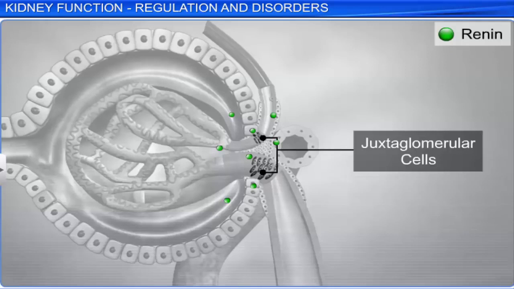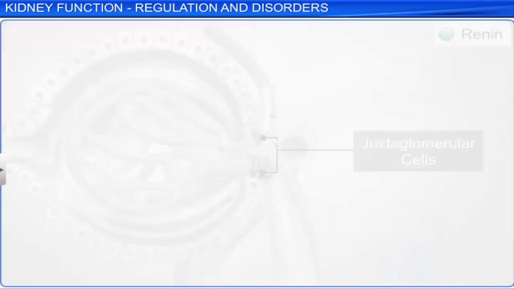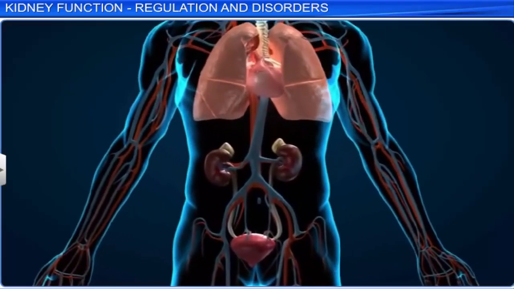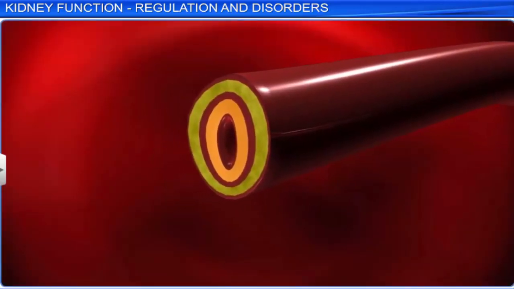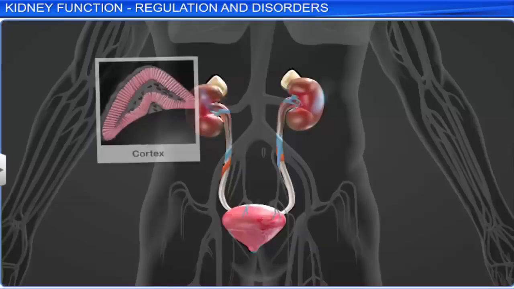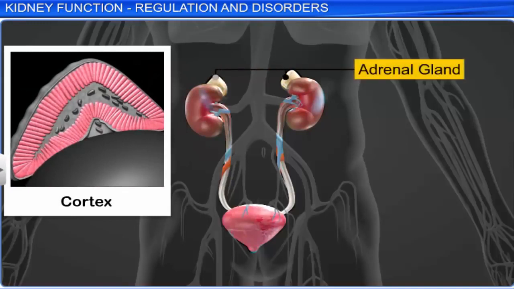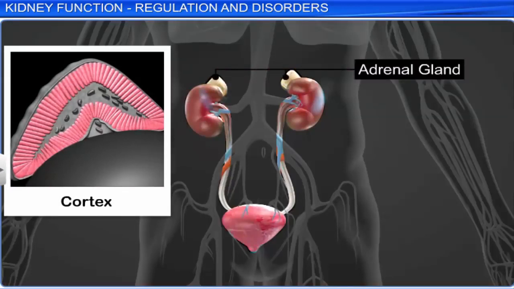Renin converts angiotensinogen in the blood into angiotensin 1, which is further converted into angiotensin 2. Angiotensin 2, a powerful vasoconstrictor, constricts the blood vessels, thereby increasing blood pressure, which stimulates the cortex of the adrenal gland to secrete aldosterone.